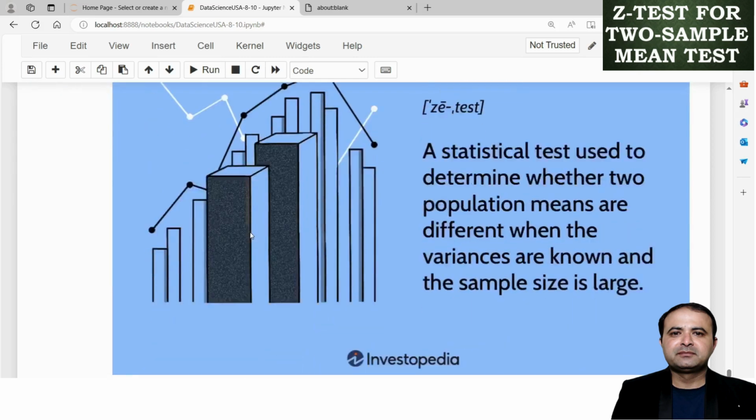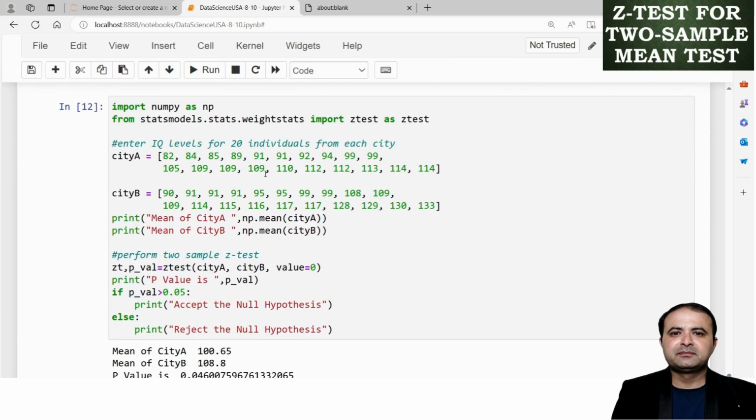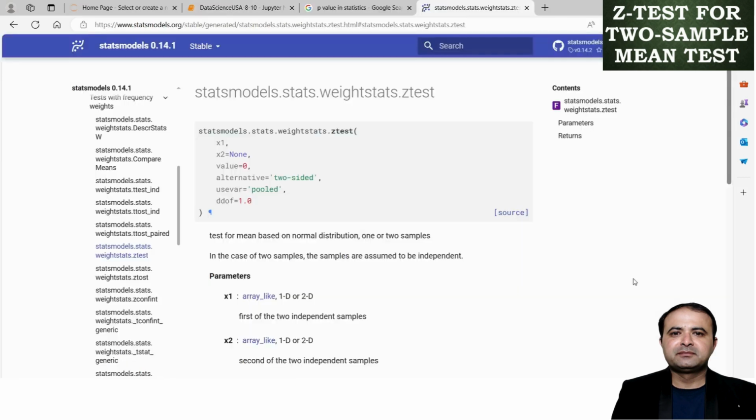So similarly, I have applied the two-sample test analysis between the two cities. The statsmodels ztest will demand x1 and x2, that means sample 1 and sample 2, and the value, by default 0. So it tests the mean based on the normal distribution, one or two samples. If we supply 1, it can work. If we supply 2, it can work.